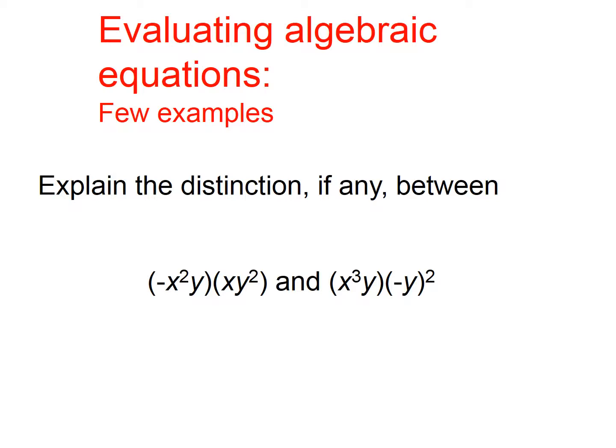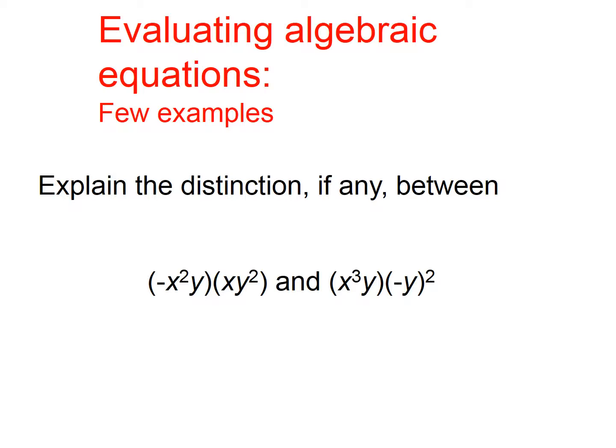Then on this side, we do the same kind of thing. We've got 3 x's. But if we look at this bit here, we've now got minus y squared, which is the same as minus 1 times y, all squared. Minus 1 times minus 1 is what? Plus 1.